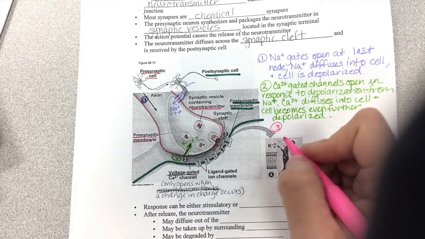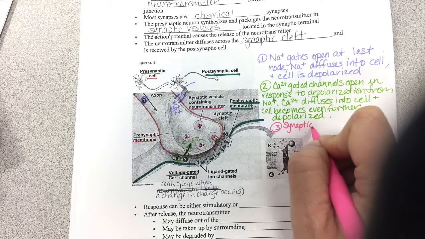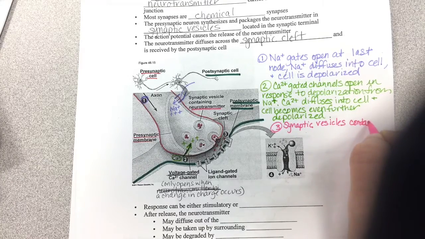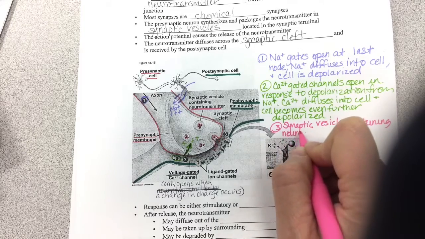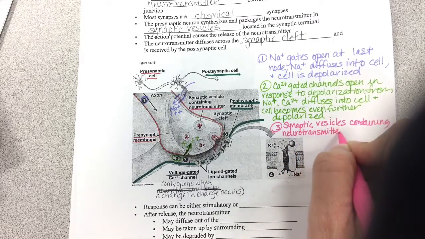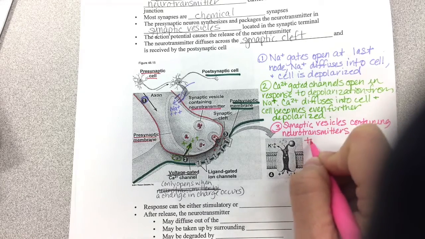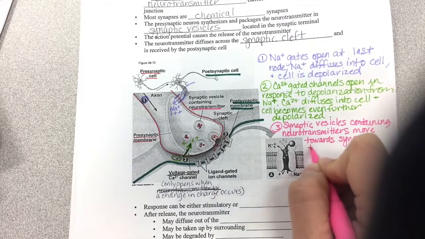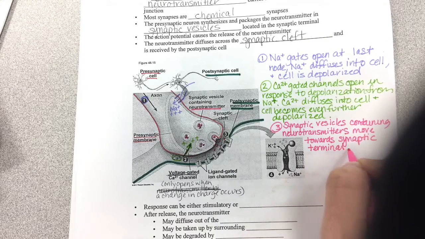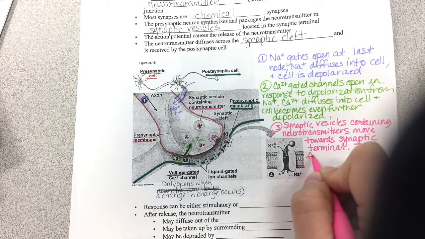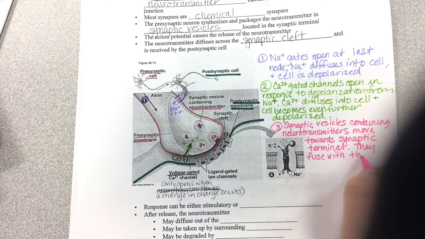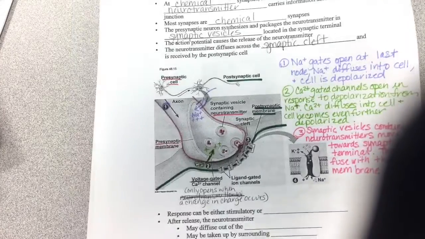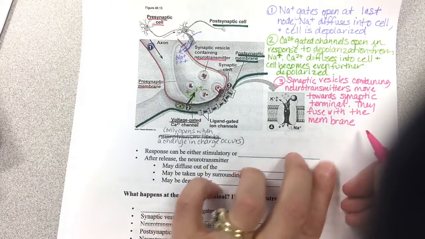So we can write that the synaptic vesicles containing neurotransmitters move towards the synaptic terminal, they fuse with the membrane, and do what?